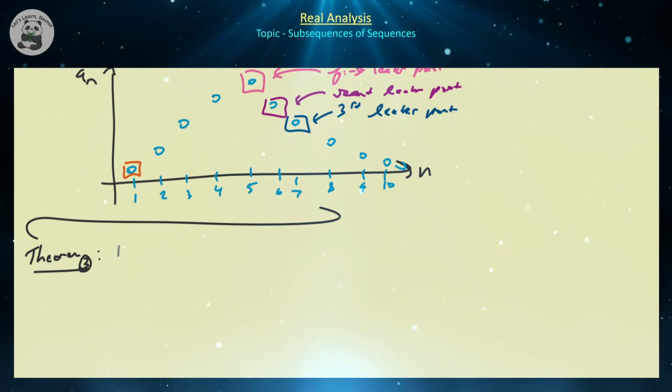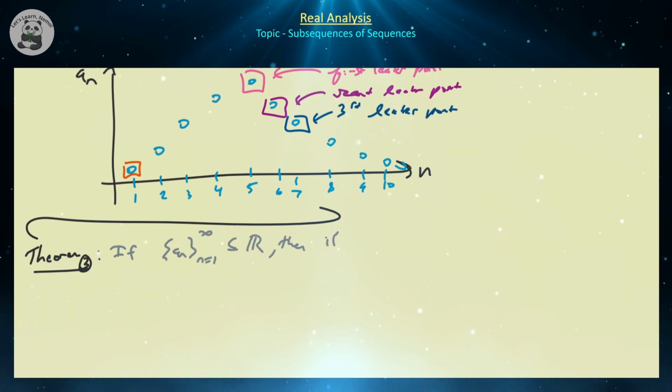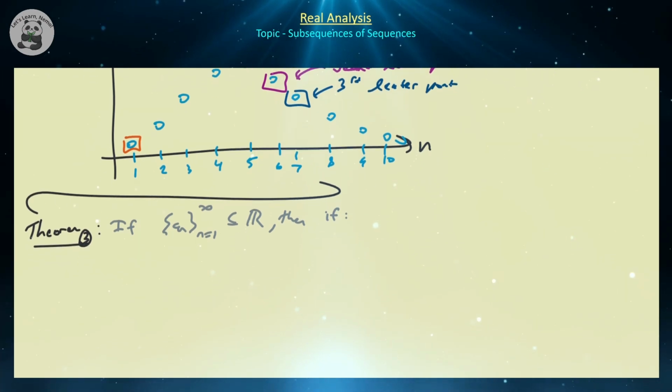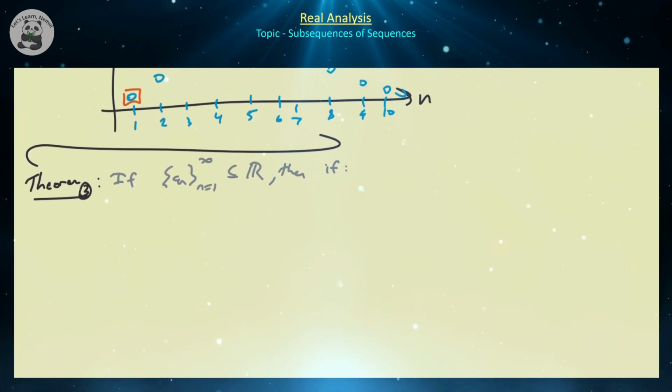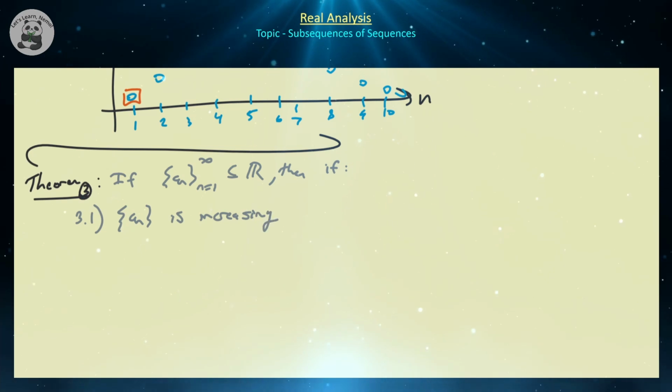So let's assume that a_n, from n equal to 1 to infinity, is a real valued sequence. Then, if one of the following two things is true, the number of leader points should be obvious. So let's assume that a_n is increasing. What can you tell me about the leader points? You might want to pause this video to think about what I'm about to say.